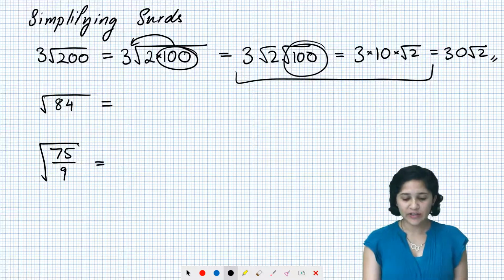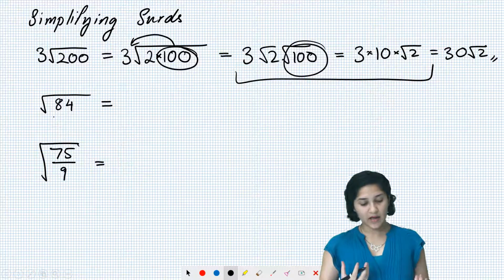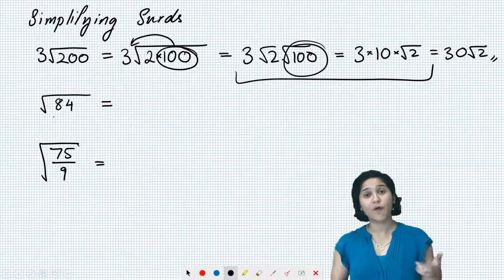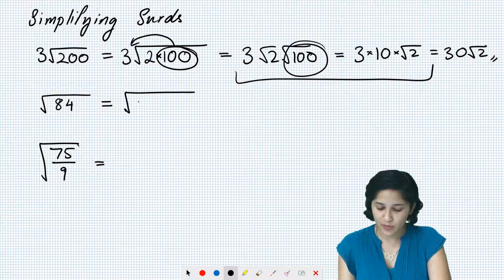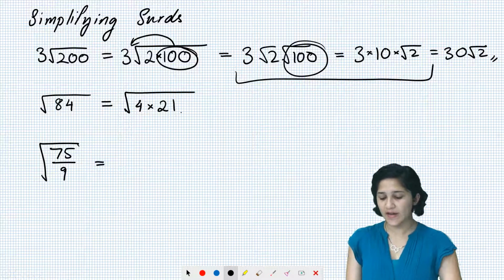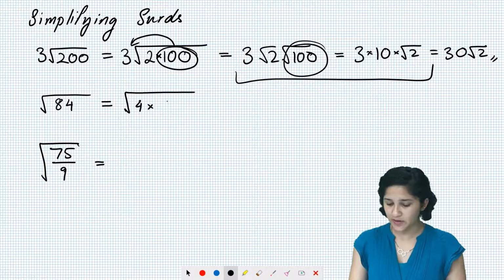Alright? So if we look at this example, root 84, you may recognize immediately that 4 is a factor of 84. So I can say that that's 4 times 21. And now 21 can be further factorized into 3 and 7.